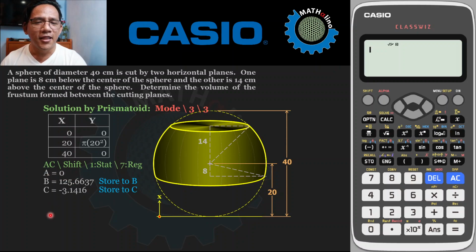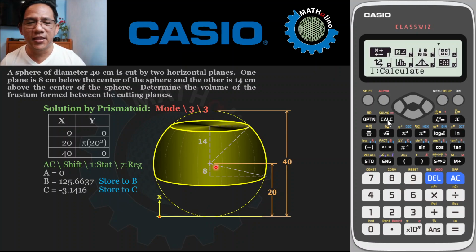Before we proceed with the formula, how to use this in our calculator, I am going to do this in our Casio FX-991EX ClassWiz. Menu is not number 6.